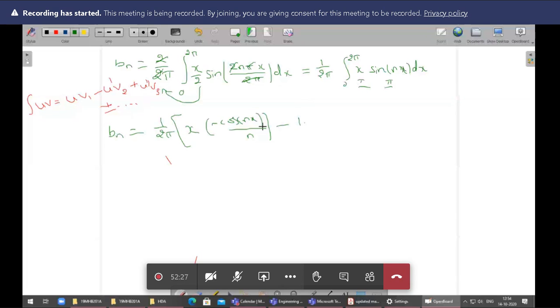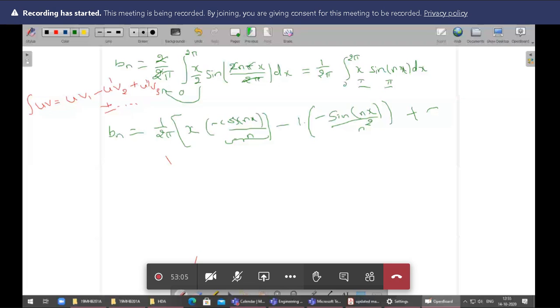Already we have this function, you have to integrate this whole again, so that is minus, as it is minus cos, integration is sin nx divided by n, and 1 by n is already there, that becomes n square. Again plus, what is the derivative of 1? Derivative of 1 is 0, that is derivative of a constant is 0. So this process continues till you get the derivative of the constant as 0. So the limits are from 0 to 2 pi.